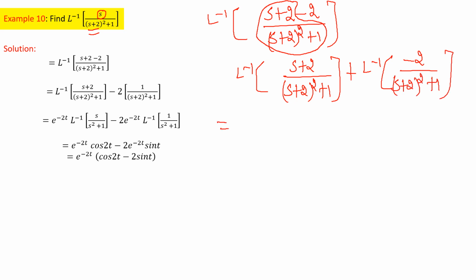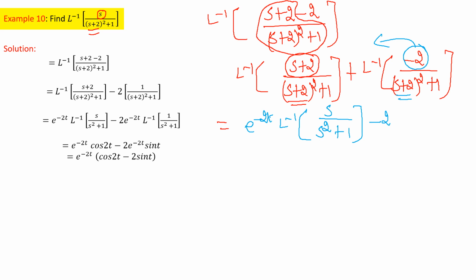Then as usual, see the numerator, we have s plus 2. In the denominator also we have s plus 2. So this is going to be e power minus 2t. L inverse of s plus 2 now will become s. Denominator also will become s power 2 plus 1. From the second term, let me take minus 2 outside, and this s plus 2 will become e power minus 2t.